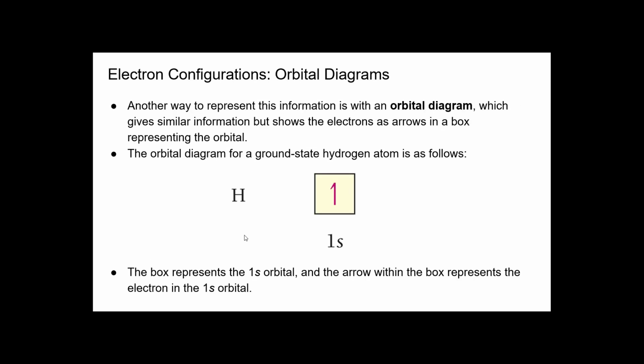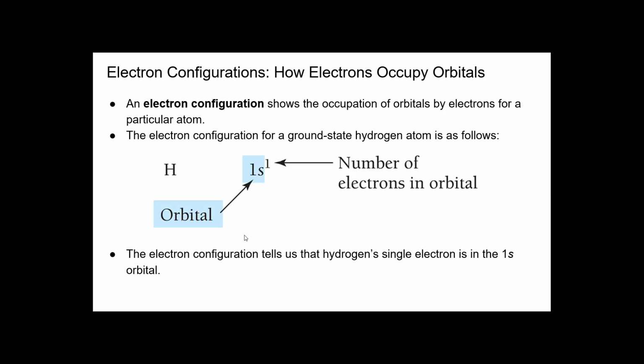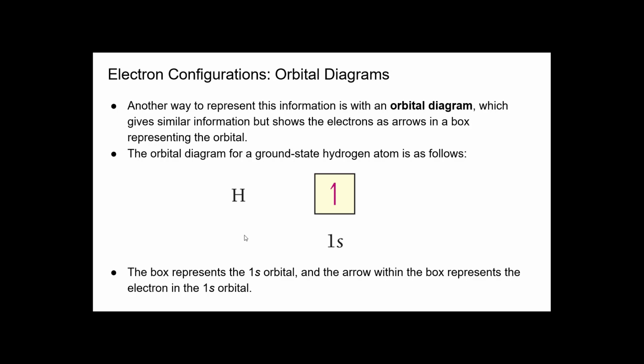All right, so another way to represent this information is with an orbital diagram. We have the electron configuration, which is this, or we can do an orbital diagram. We're going to cover both. This is another way to show the same information, but we use boxes. So the orbital diagram for ground state hydrogen is simply this, 1s. Think of this as those boxes I was showing you in the previous section, and you put a half check mark, so it's half and then down.